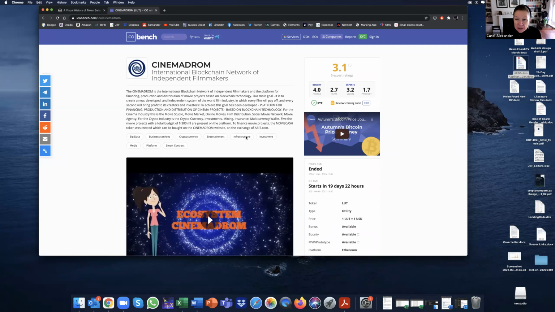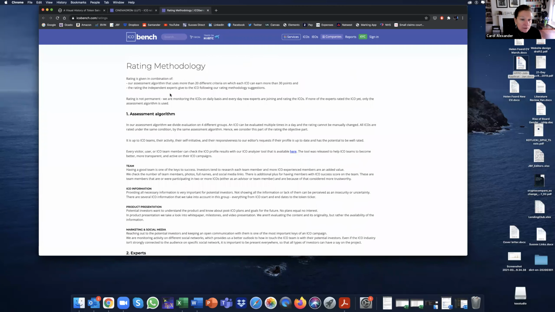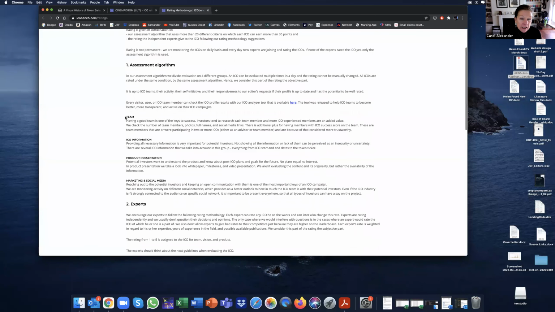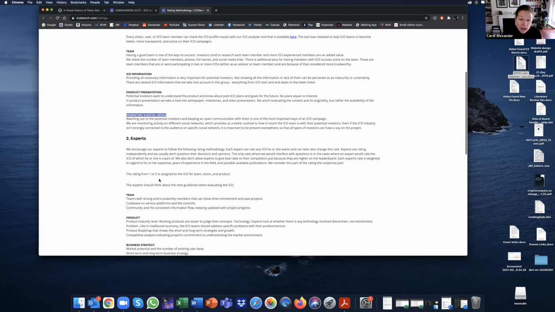These are the keywords. This is the 5 expert ratings, and it gives it the rank of 3.1. You can see on the rating methodology they look at things like the team, how large the team is, what the background of the team is, what the white paper looks like, what the website is, what the product presentation is like, marketing, and social media.